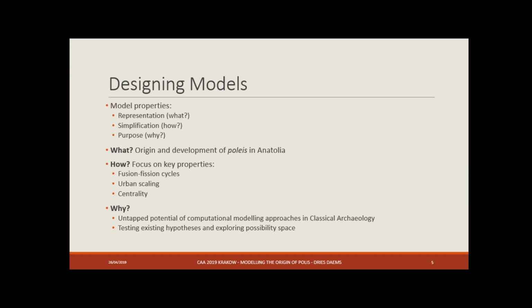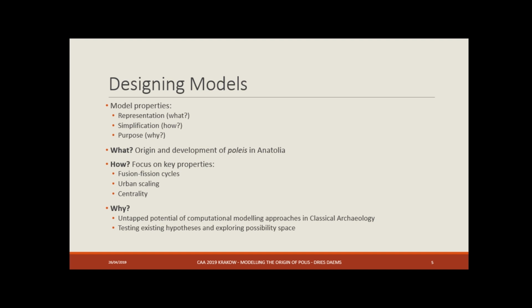I will talk about some of those reasons throughout this presentation in a bit more detail. Two things that I want to highlight here: first, there is very much untapped potential of such computational approaches, and that can be an agent-based model, but doesn't have to be. Second, classical archaeology is a field where such models have been very much underrepresented.